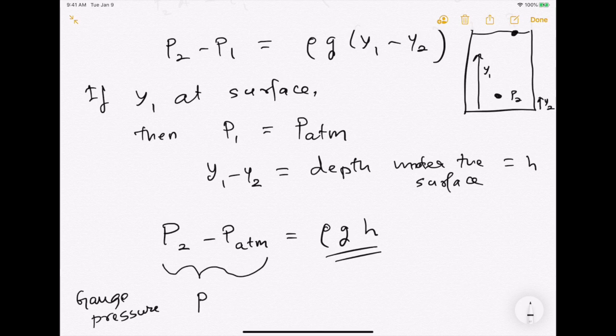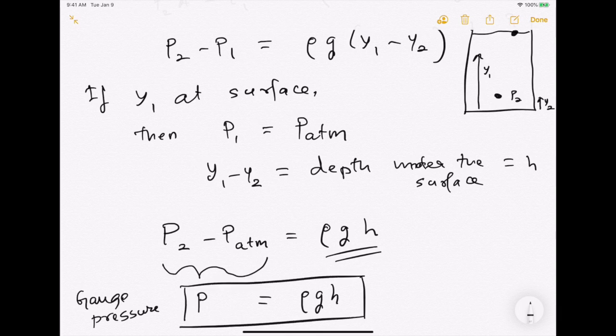Okay, so we're going to call the pressure at P2 minus the atmospheric pressure P. So P simply represents how much greater is the pressure at depth y2 over and above the atmospheric. And so that is going to be equal to rho times g times h. And this is our first extremely important formula.